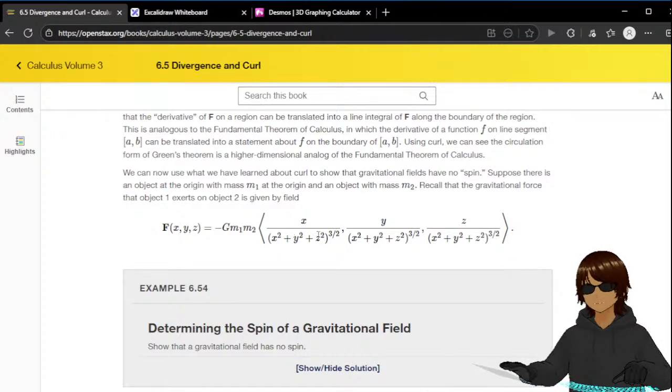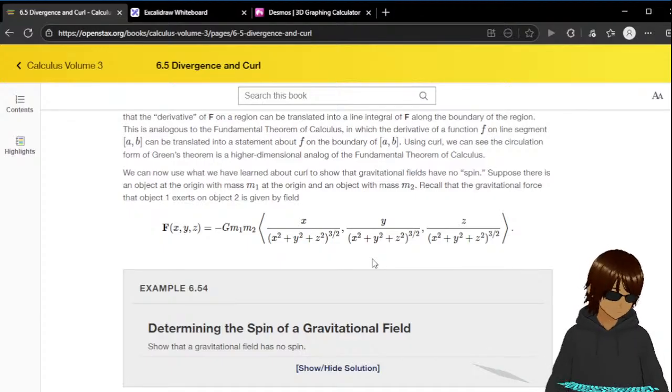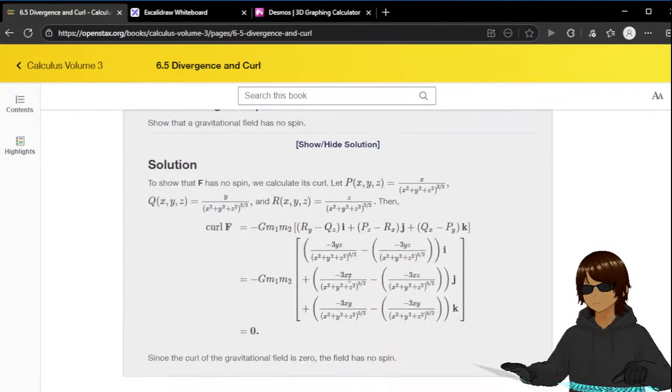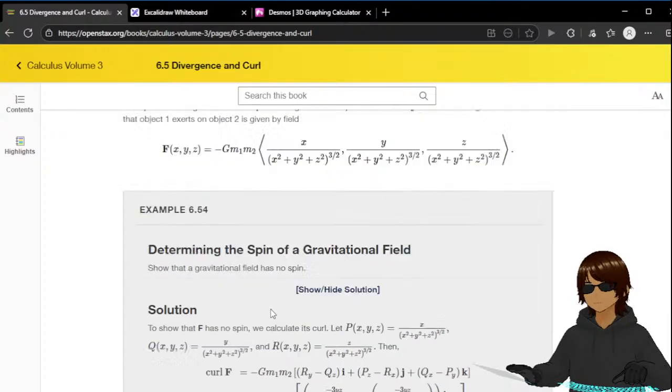We have this, over r cubed. And then all of this would be equal to 0.